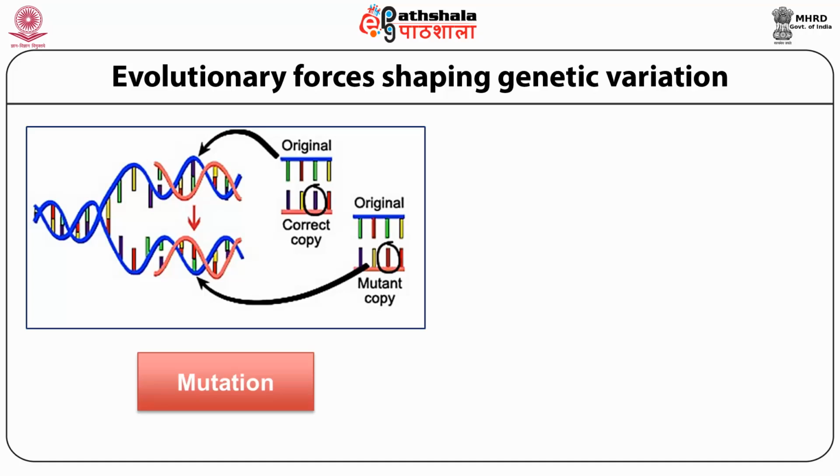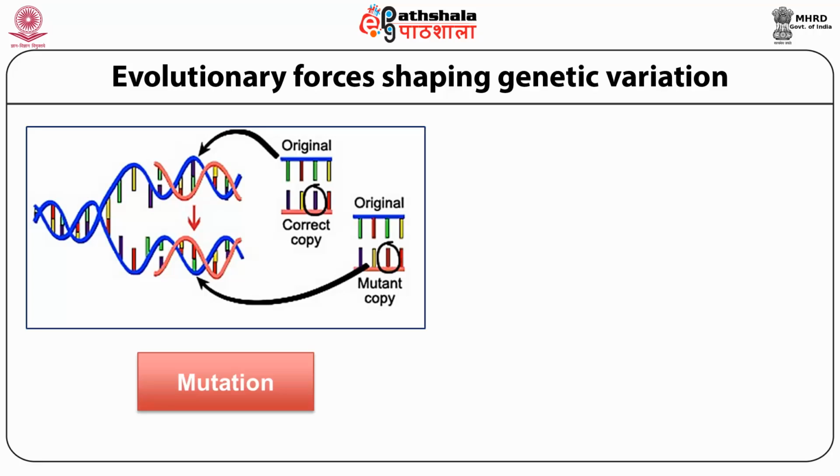Mutation is a primary source of variation and has a significant impact on the process of evolution. A mutant that is found in less than 1% of the population is called a rare mutation, whereas if its frequency rises above 1%, we call it a polymorphism.